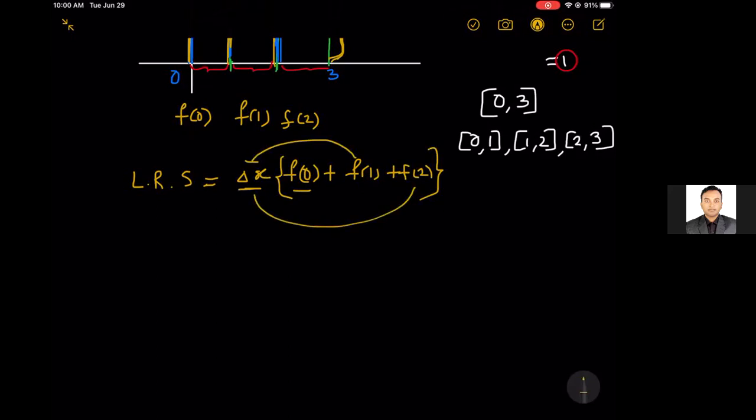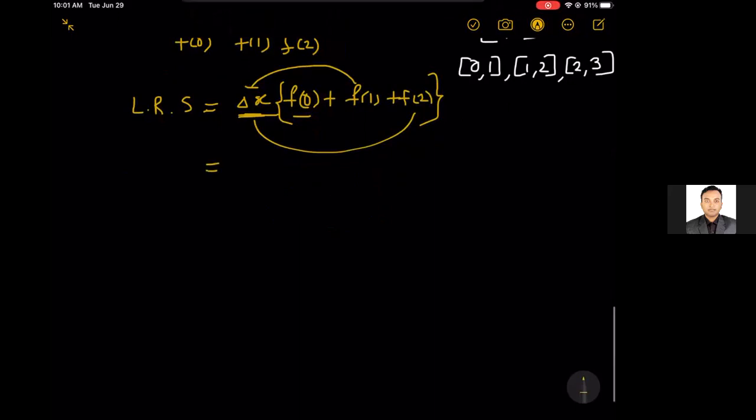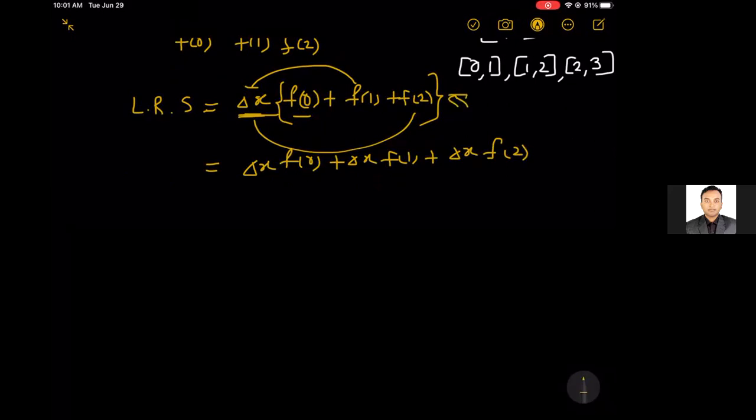Since the del x is the same, I'm keeping it outside like this, factoring this out. You can even write it like this: del x times f of 0, del x times f of 1. If you want, but since this is the same, you can factor this out and write it like this. It's even more convenient, right?